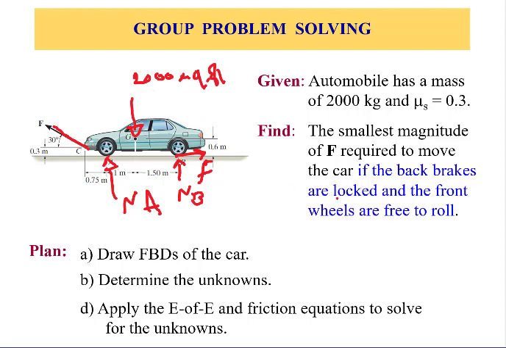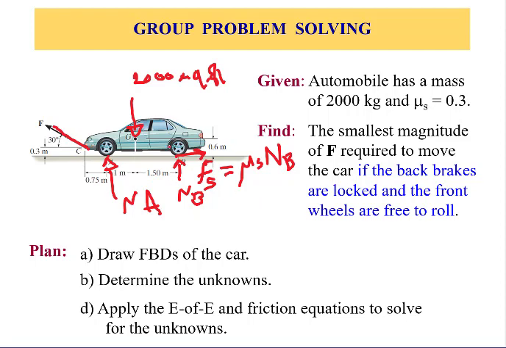So what we want to do is find the smallest magnitude, meaning when this object starts to move. So we must assign the friction force to be the maximum friction force, which is equal to mu s multiplied by NB. So how many unknowns do we have? We have F, NA, NB, three unknowns, and the last unknown, Fs, is dependent on NB.